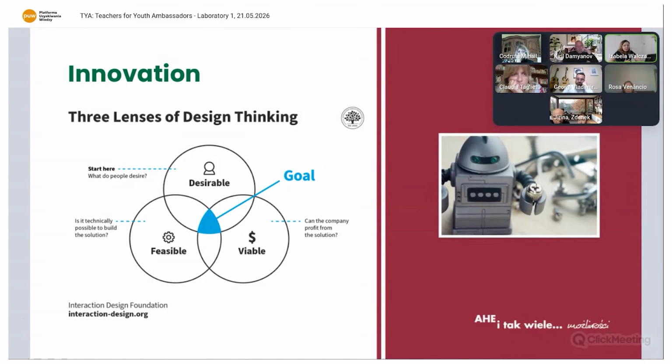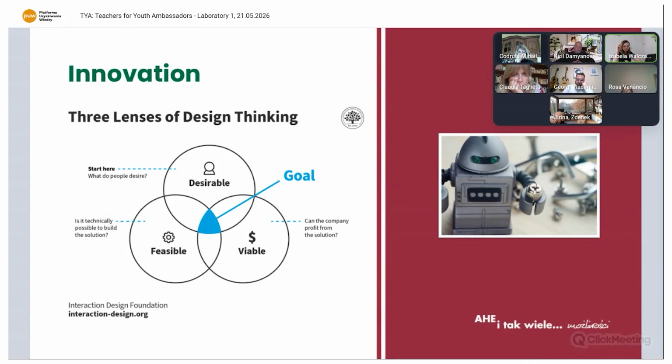I can have great ideas, really innovative or creative thinking, but it has to be possible to implement at a given moment. And finally, in most cases these are commercial projects, so it should also make sense financially. If I'm an organization that wants to earn money, it has to be profitable. If I want to use my budget, I have to stay within the budget. So this aspect is also taken into consideration.